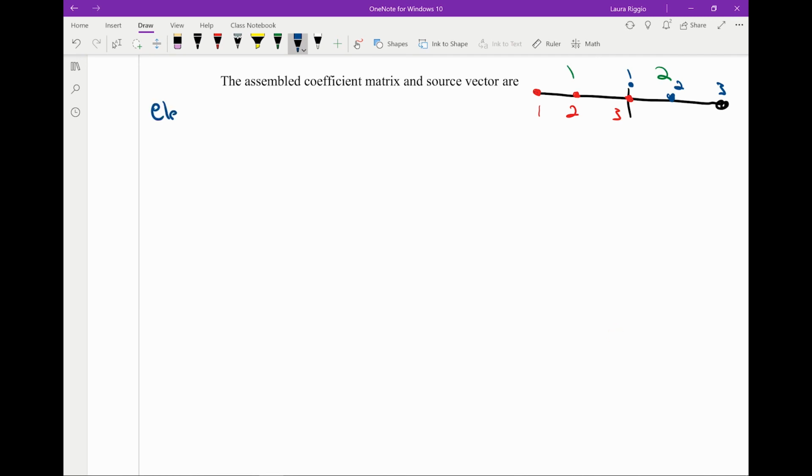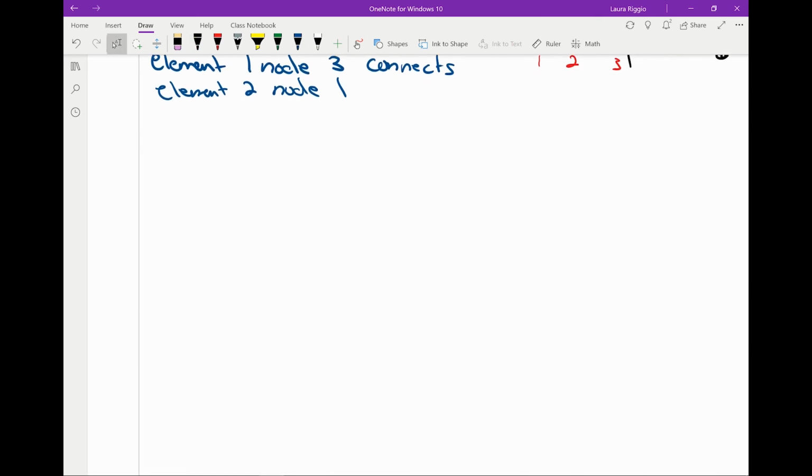So we have element 1, node 3 connects to element 2, node 1. And that's how we're going to assemble our matrix.